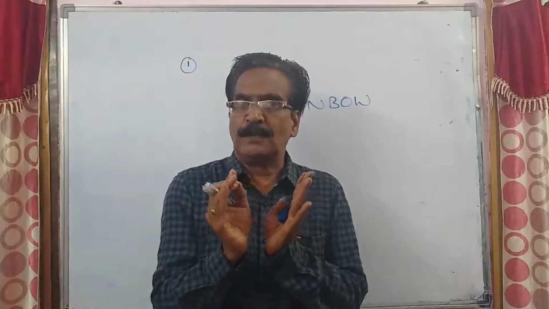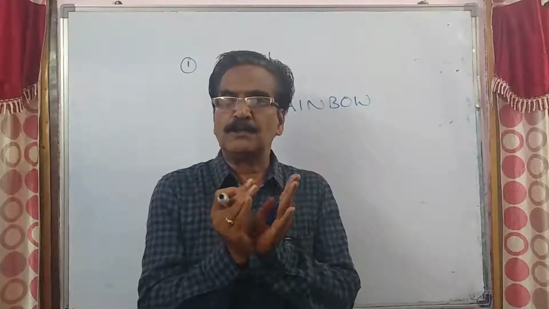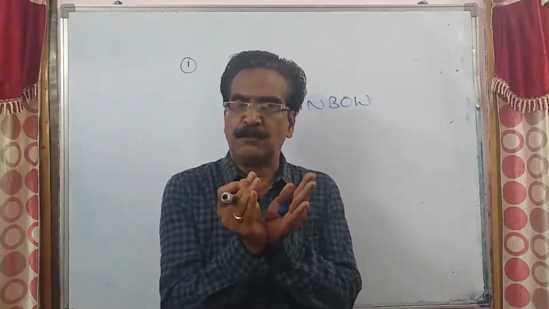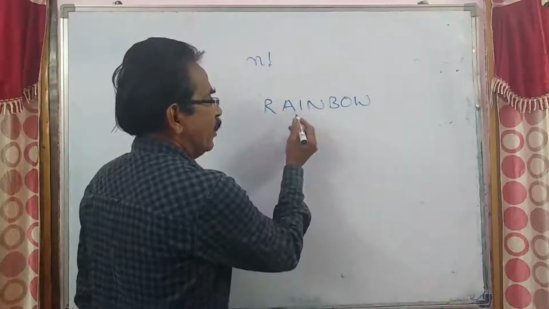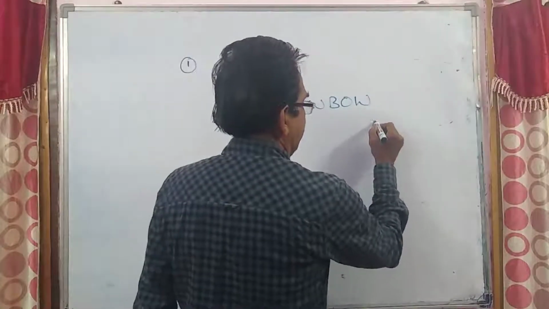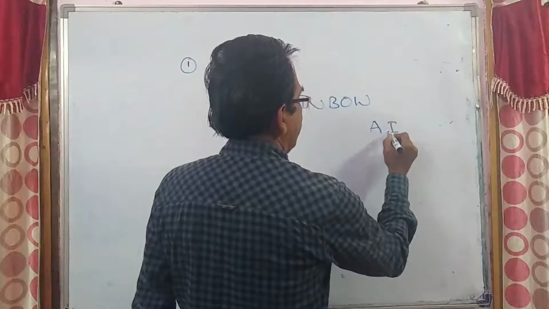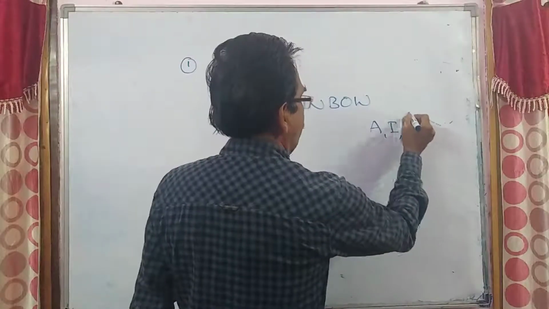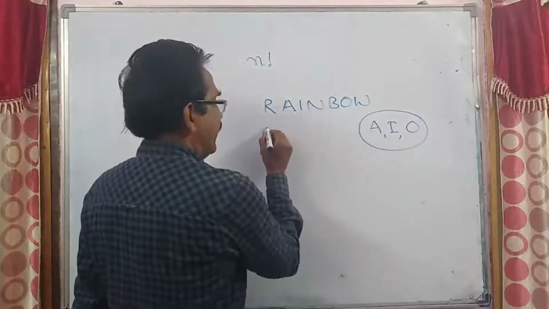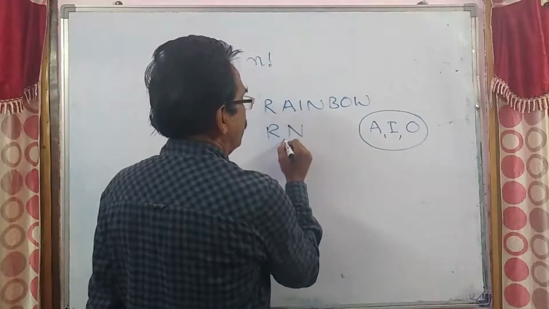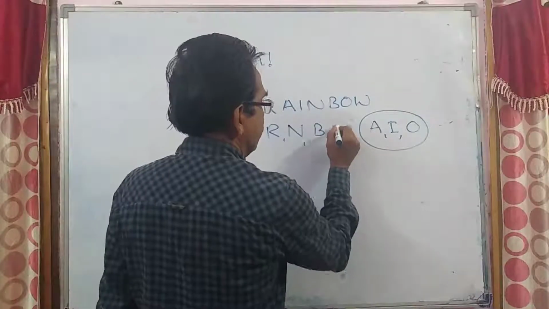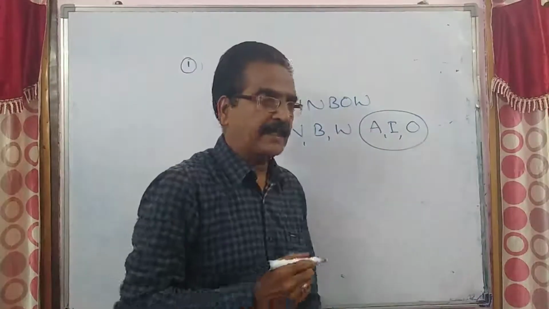We don't want all the permutations. We want those permutations where vowels come together. Here a small condition is given. How many vowels are there? A, I, O. 3 vowels are there and 4 consonants are there. R, N, B, W.